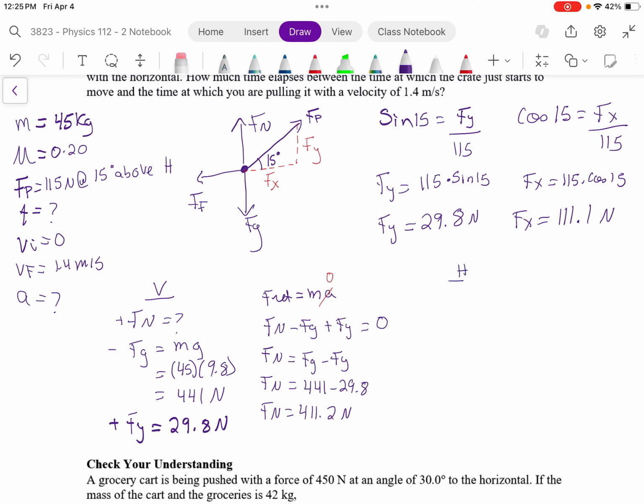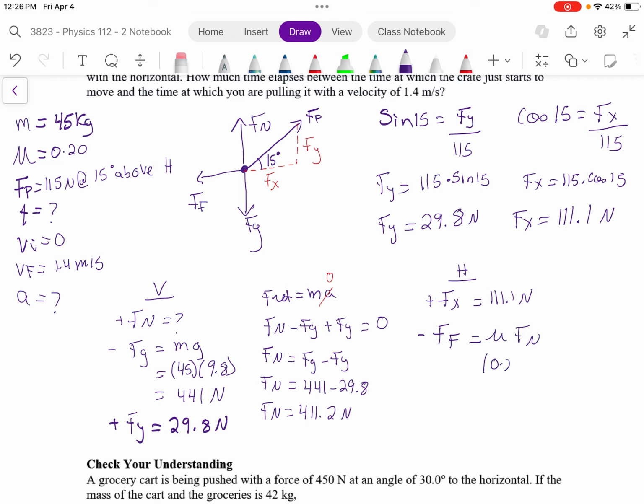Now we're going to analyze horizontally. Horizontally, we have Fx, which is positive, and it's equal to 111.1 newtons. We have Ff, which is negative, and it's equal to mu Fn.